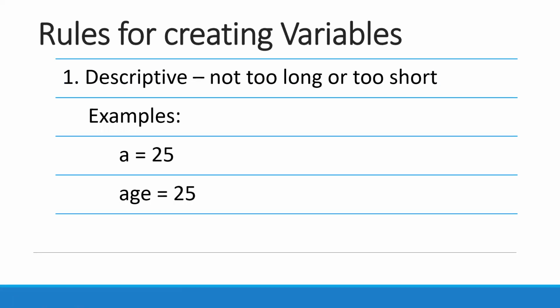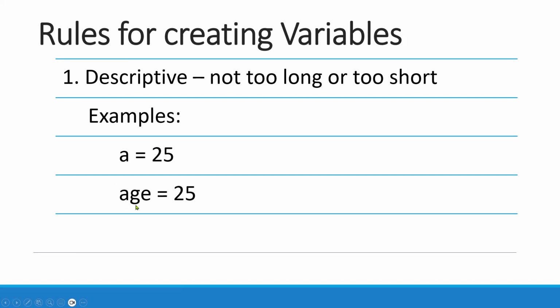Now, let's go over some of the rules for creating variables. The very first rule is that it has to be descriptive. And we don't want really long variable names or very short variable names. So for example, a equals 25. This variable is too short. This is not descriptive enough. A more descriptive variable, we can say age.